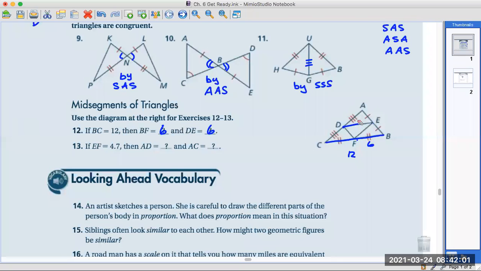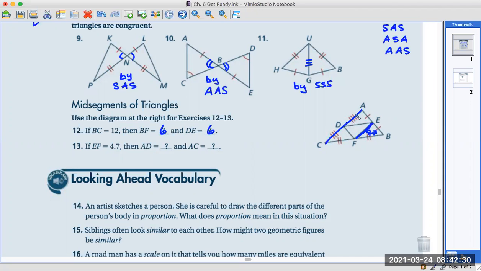But we have 3 midsegments in this picture. So the next one is EF. Which one is that? They're looking at this and probably this. Same relationship. This is half of that. EF is 4.7. And then AD.